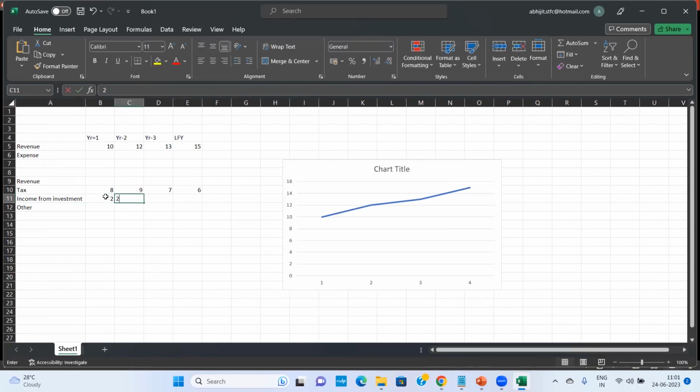For investment income it is 2, 2, 2, 2, right? For other, it is 0, 1, 4, 7. Right? What do you understand from this figure?